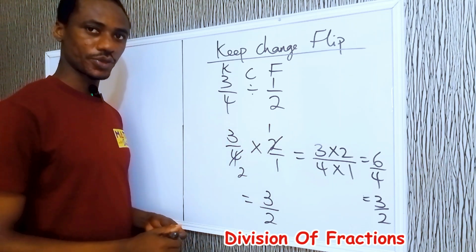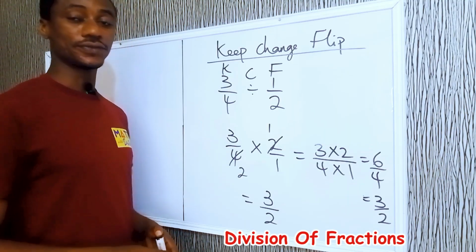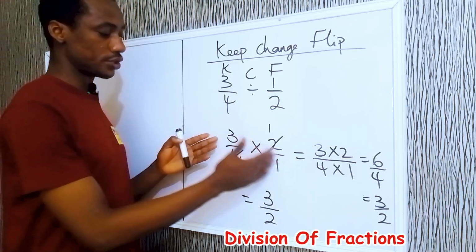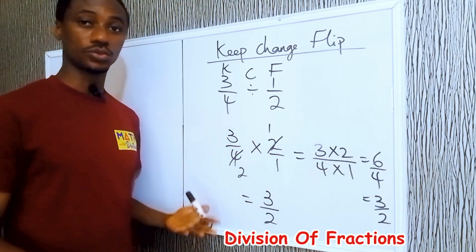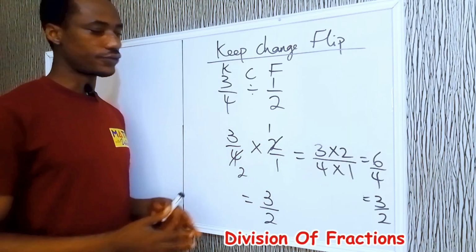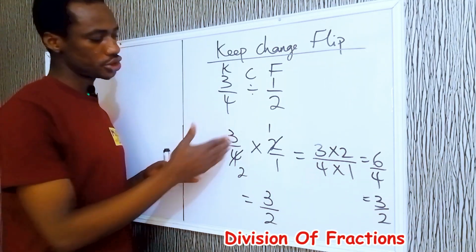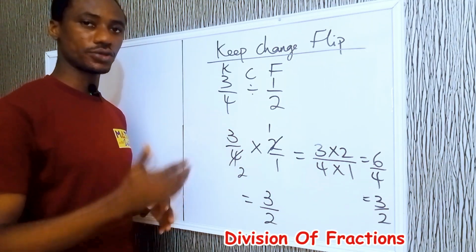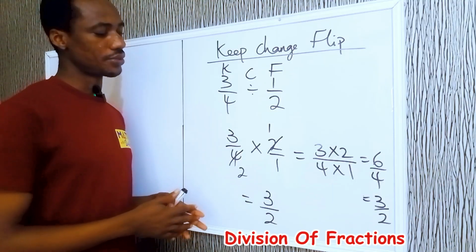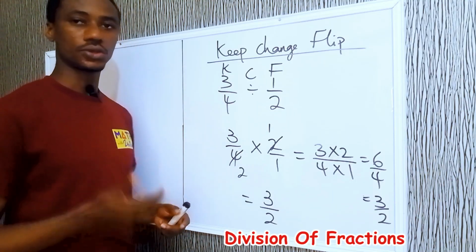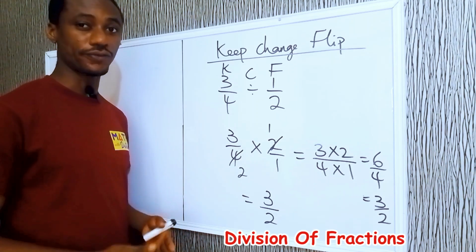Can you see? Alright. So I always advise that if you're doing multiplication or division of fractions and you get to this point where you have changed everything to multiplication, before you do your straight multiplication, you should first check if there is a way you can reduce your fractions by dividing any numerator or denominator that have a common factor.